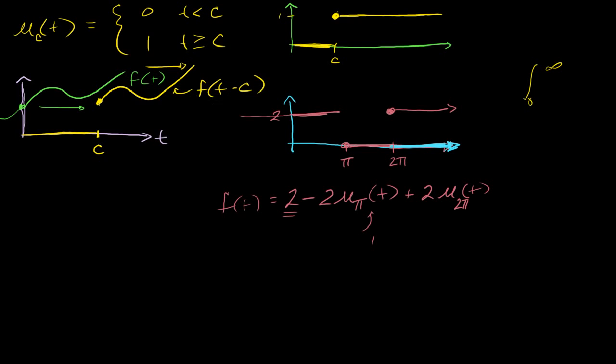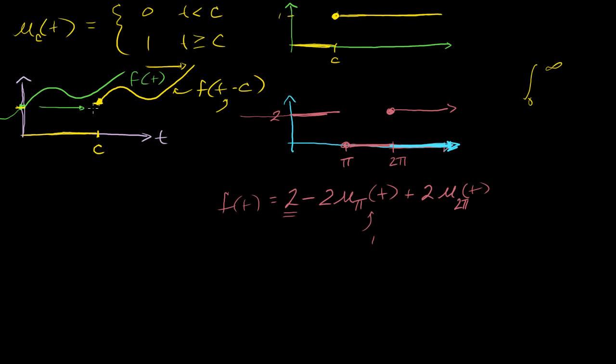To make sure I get it right, what I always do is imagine what's going to happen when t is equal to c. When t is equal to c, you're going to have c minus c, and you're going to have f of 0. So the value of the function should be equivalent to the value of the original green function at 0. Which makes sense.